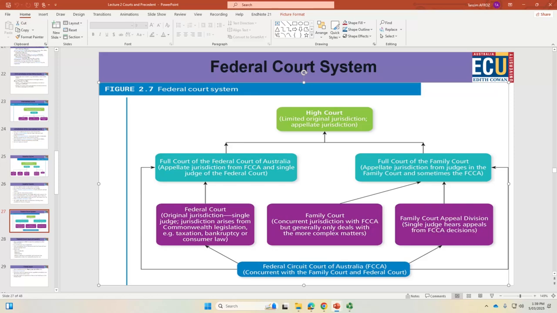So they have been merged together, but function-wise and jurisdiction-wise, they are doing the same things, though one of them has been abolished, and out of 4, we have only 3 courts in the system. The other courts, you can see here, are the full courts where they enjoy their appellate jurisdiction. So the Full Court of the Federal Court is the one sitting here. The Full Court of the Family Court, when they hear any appeal, they sit in a full bench. That's how it works.